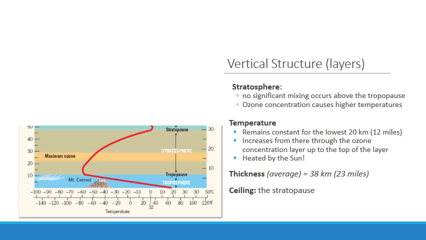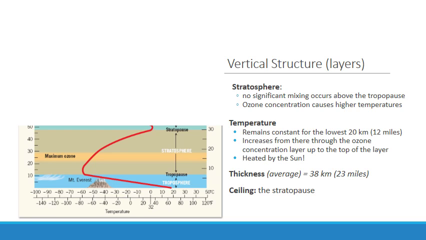In the stratosphere, the temperature at first remains almost constant for a while in this lower level, up to a height of about 20 kilometers or 12 miles. And then it begins a sharp increase, a very rapid increase that continues until the stratopause.